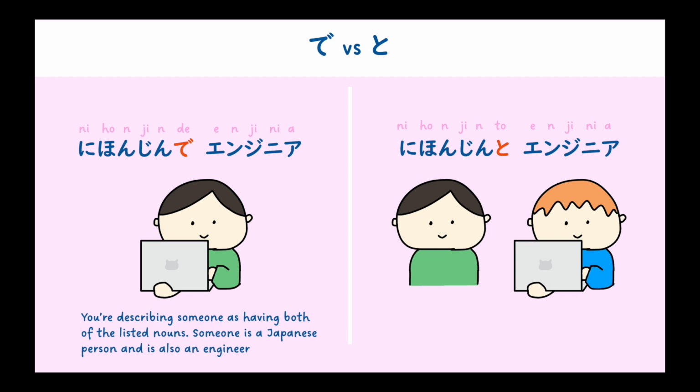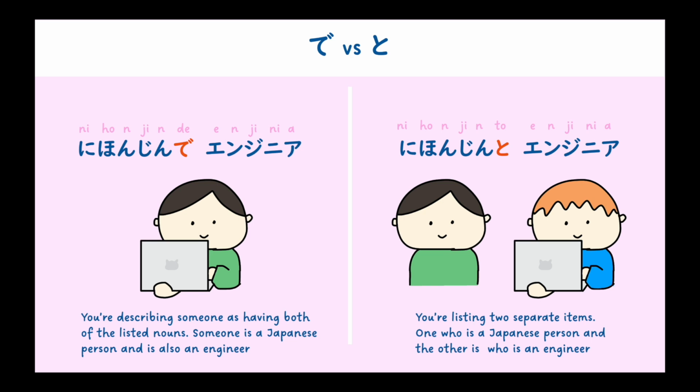On the other hand, when you connect nouns using the to particle, you're listing two separate items. For example, 日本人とエンジニア sounds like you're talking about two people, one who is a Japanese person and the other who is an engineer. It doesn't sound like you're describing someone who is both Japanese and an engineer.